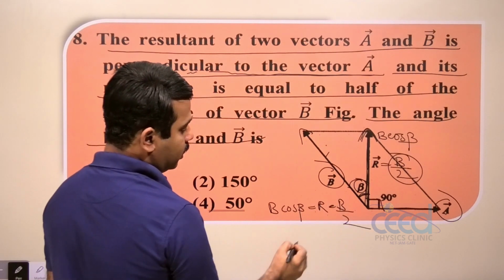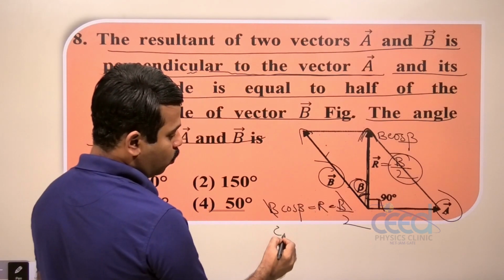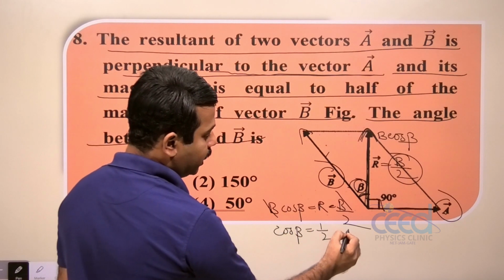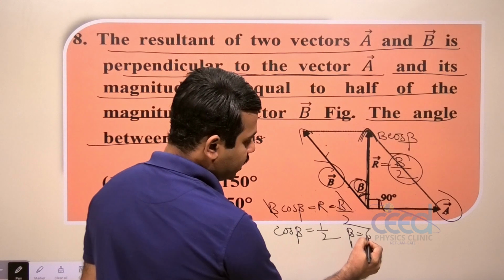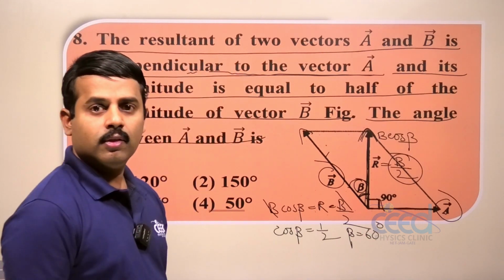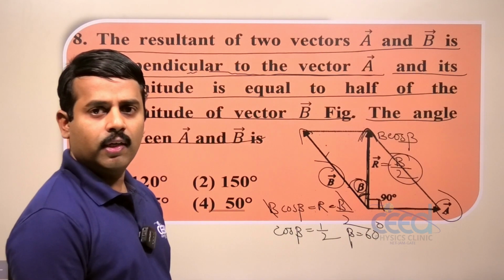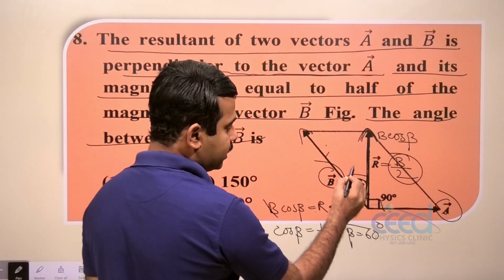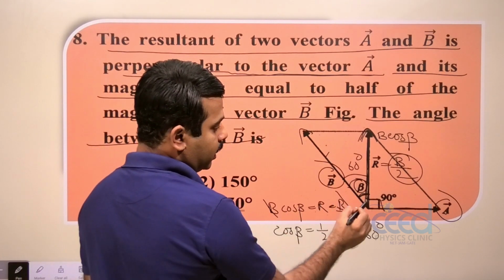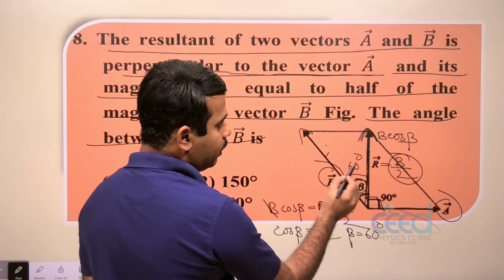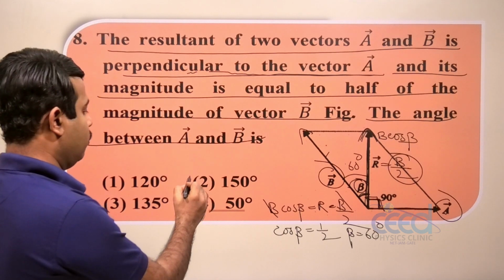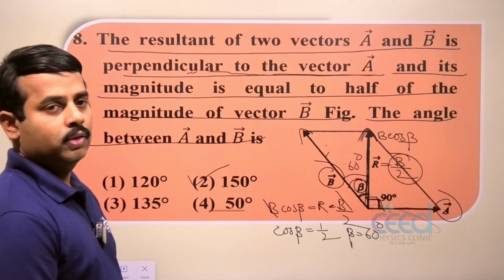Then B and B cancel, cos beta is equal to 1 by 2, then beta is equal to 60 degrees. So this angle is 60 degrees, then this angle is 90 degrees, then 90 plus 60, that is the angle between A and B, that is 150 degrees. Alright.